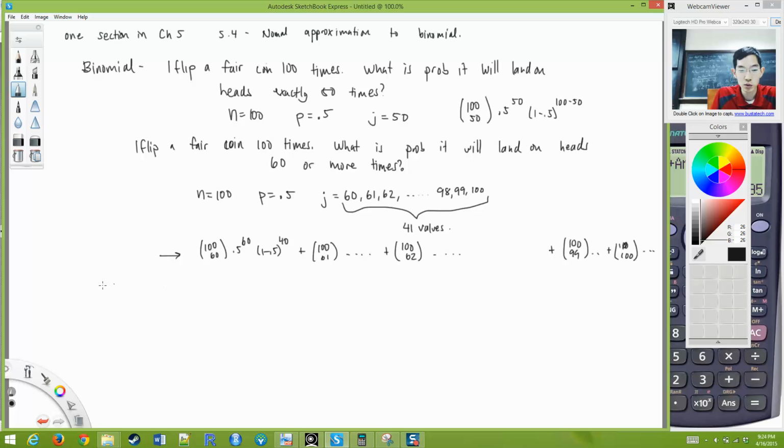So when calculating things by hand, the normal distribution will make our lives easier.